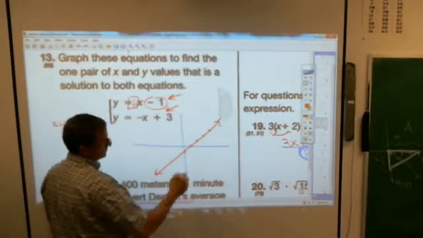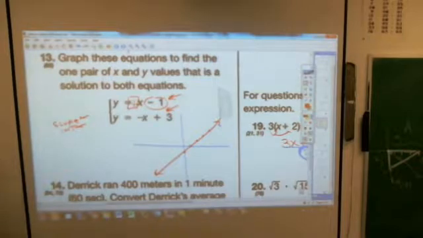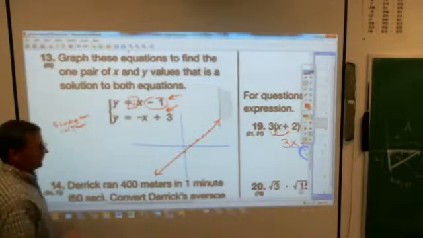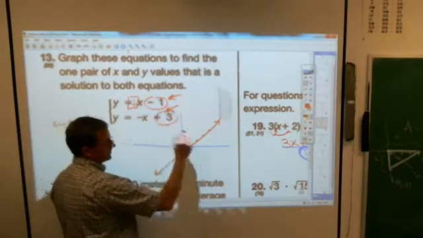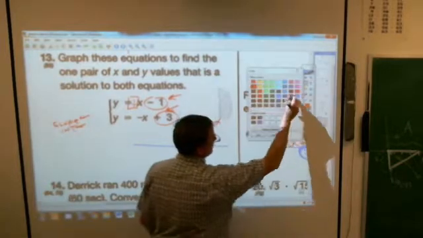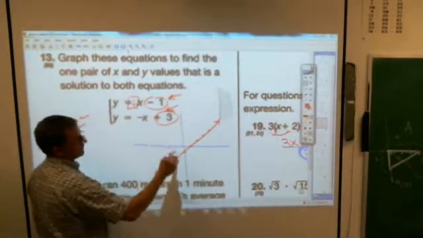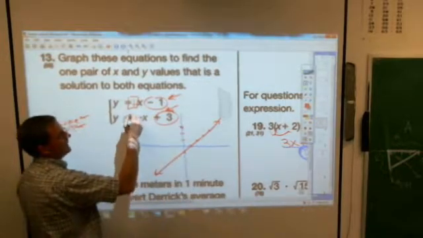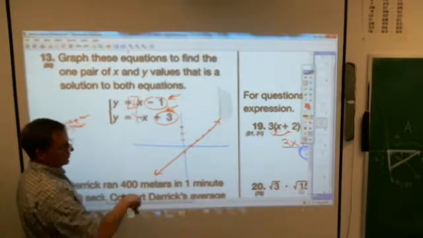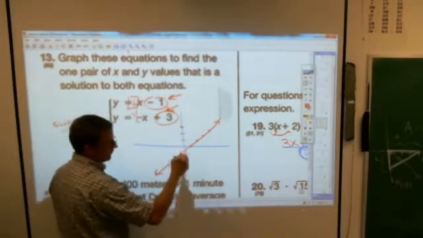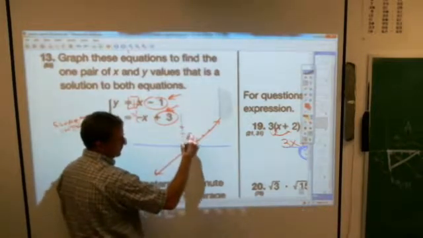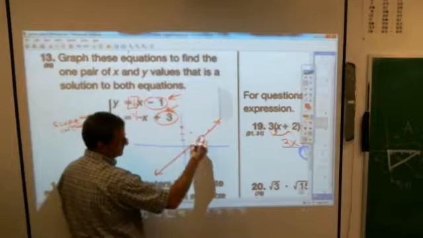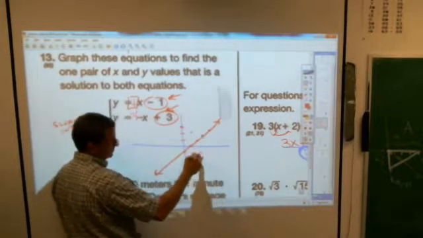Please do it with a ruler. I can do it freehand, just try something up here. Same thing for the second one. Crosses the y-axis at positive 3, 1, 2, 3, but this one has a negative 1 over 1 slope. So instead of going up 1 over 1, it's going down 1 over 1. It has a negative slope, so down 1 over 1, down 1 over 1, down 1 over 1.